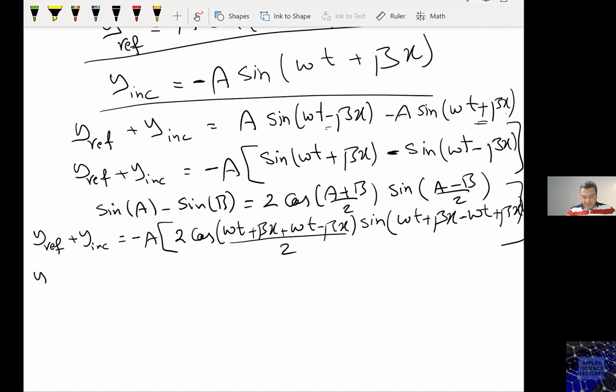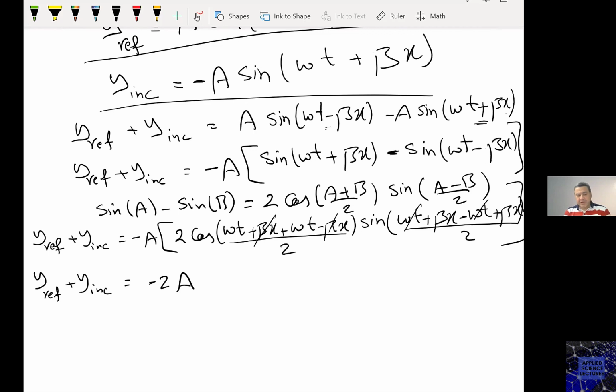Then y reflected plus y incident equals 2. So here beta x with beta x will cancel. Here omega t with omega t will cancel. So I end up with minus 2a.